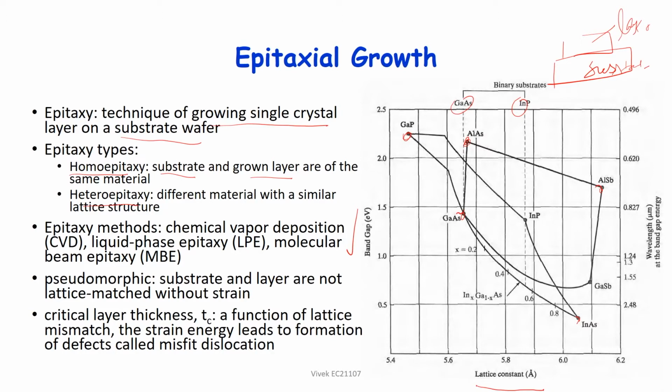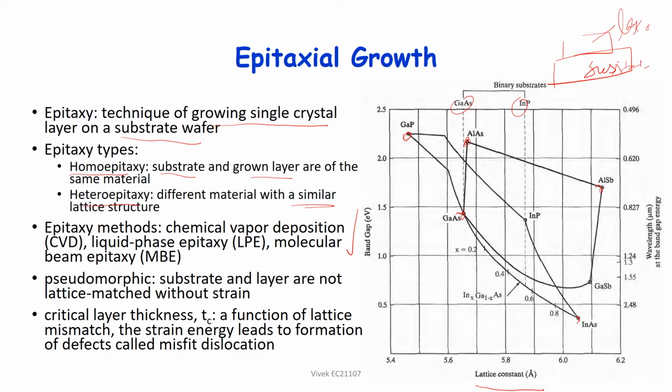Strain basically arises from the difference in the lattice constant. So even for heteroepitaxy, where you are using a different material, the substrate and layer are of different materials, but they have to have a similar, not exactly the same, lattice structure.